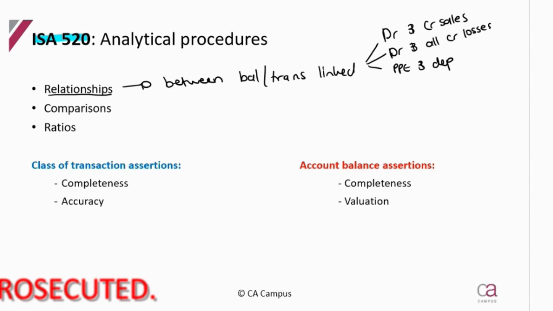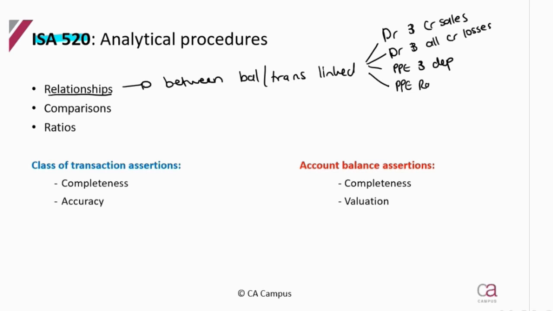transactions. Okay, you could also have a relationship between a transaction and a quantity. So something like the PPE rand amount and the number of PPE items. The more PPE items I have, the higher I expect the PPE costing in the accounting records to be.